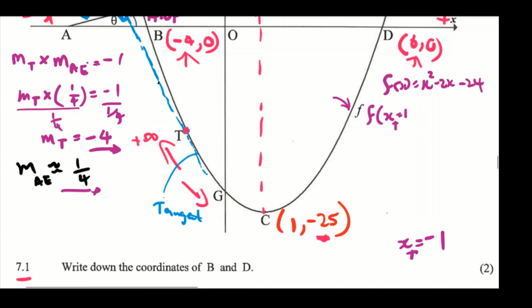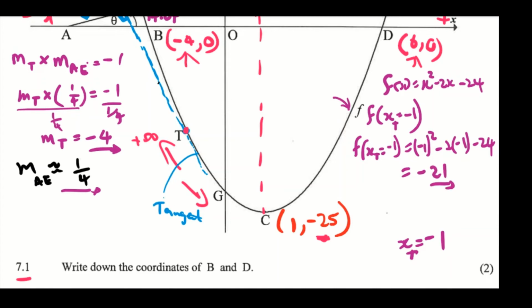So we're just going to say f of negative 1, substitute negative 1 into x squared minus 2x minus 24, right? So the value of y, you're going to get minus 21. So basically the coordinates of T is minus 1 and minus 21, right?